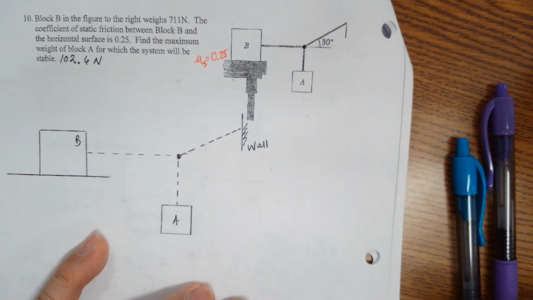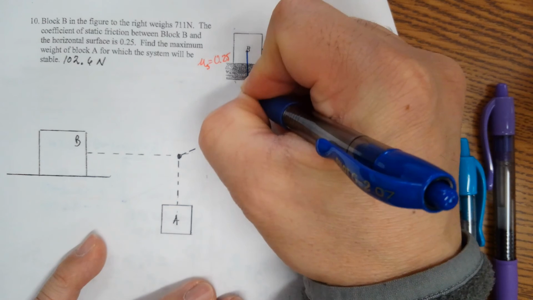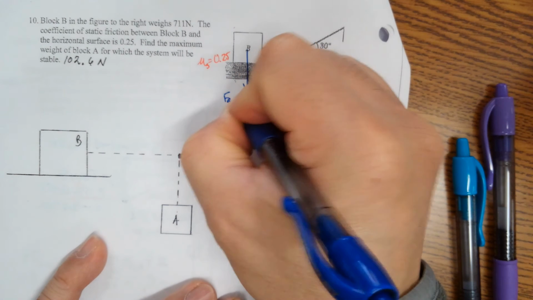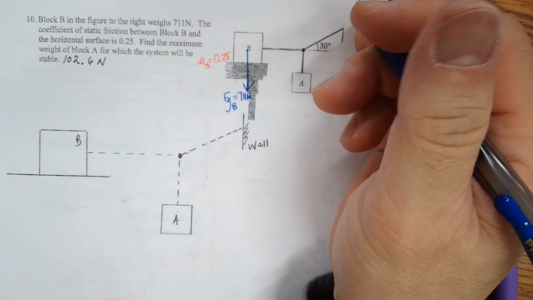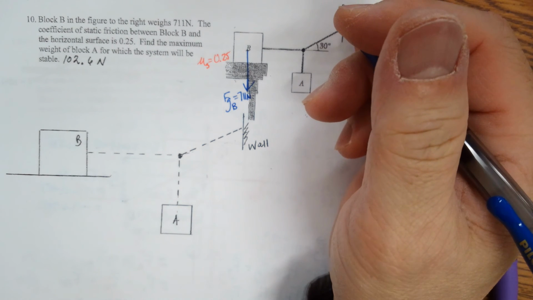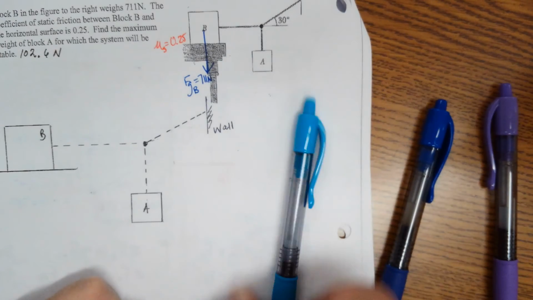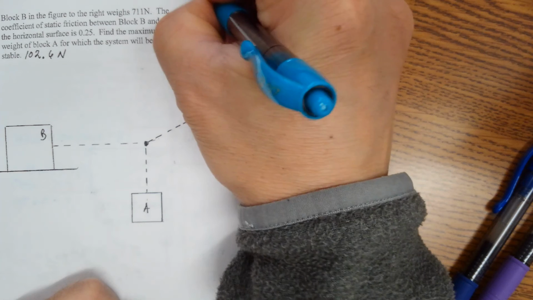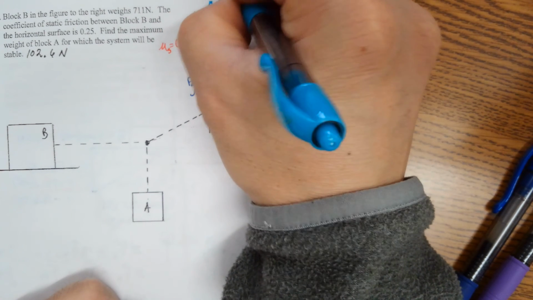And the weight of the block, so block B, FGB is equal to 711. Right? Now, what that makes my F normal for B is 711.